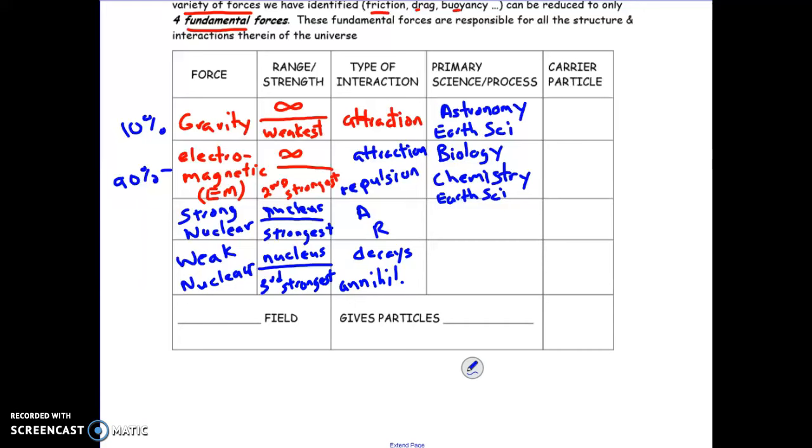The strong nuclear force, what kind of science arises from that? Well, maybe nuclear physics. Okay, and then the weak force is really more than anything particle physics. I'm not going to hold you to that, but it gives you an idea of how these forces dictate major branches of science.